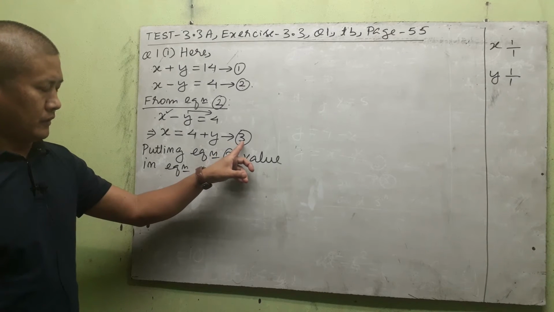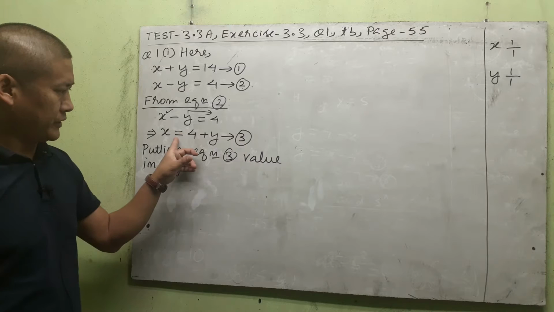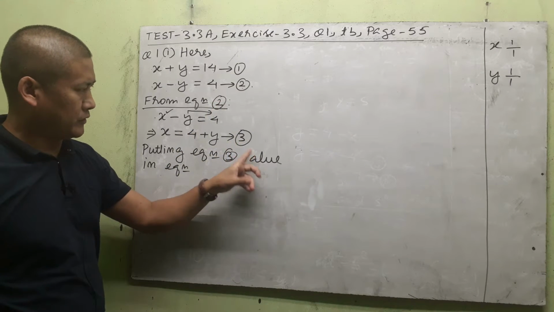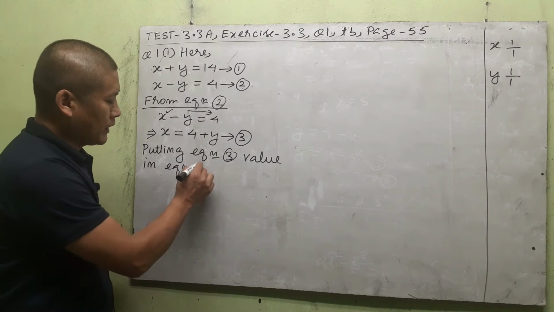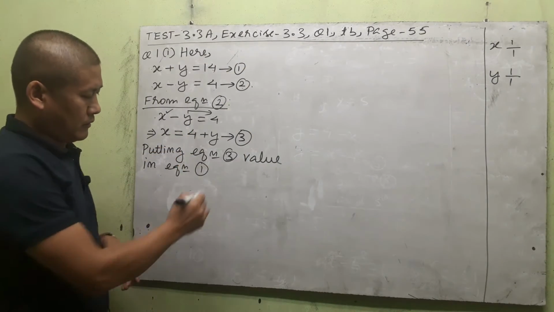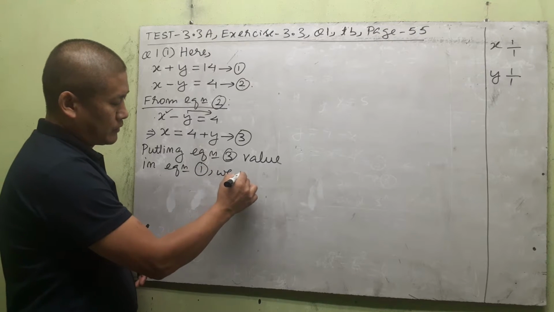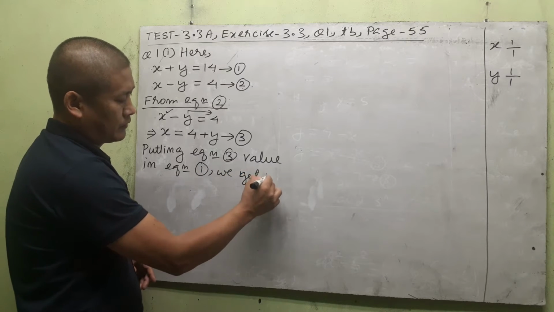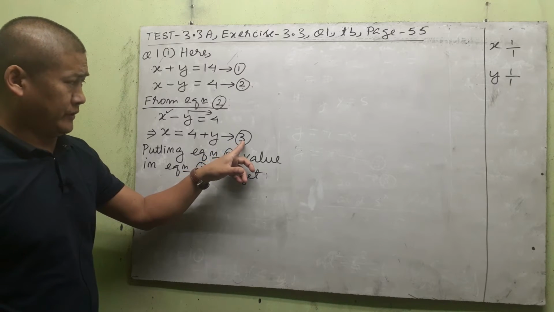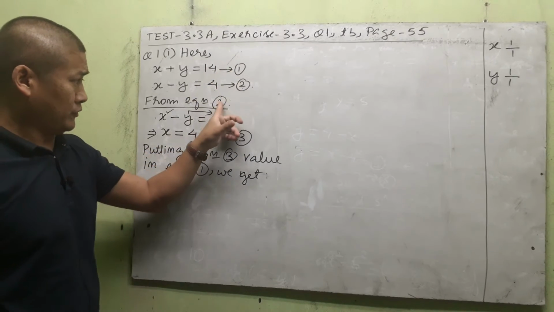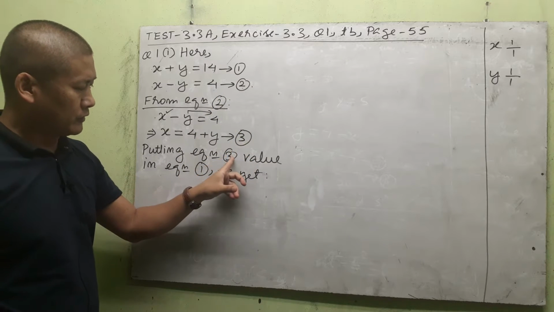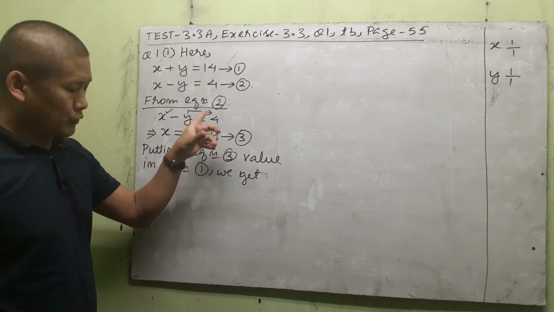Since you have obtained equation 3 by using equation 2, don't put the equation 3 value in 2 again. Put it in the other one, here, equation 1. That also implies that if we had obtained equation 3 by using equation 1 and not 2, then we would put the equation 3 value in 2, the other one.